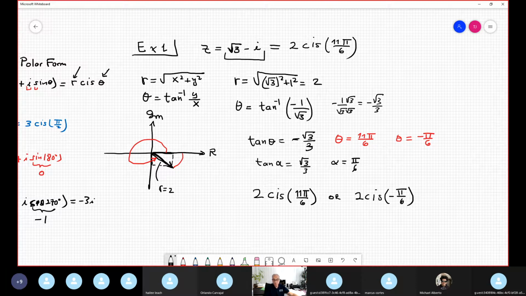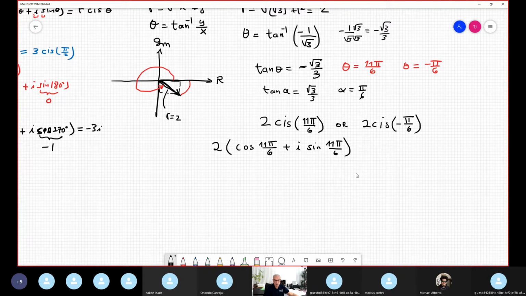All this, by the way, is the same. Suppose that I'm going in the other direction. It's easy. You expand this guy. It's 2 times parentheses cosine 11 pi over 6 plus i sine 11 pi over 6. Okay, 11 pi over 6 is the angle that lies in the fourth quadrant. Now cosine is positive. And by the way, it's the same as the cosine of 30 degrees, pi over 6, which is radical 3 over 2.